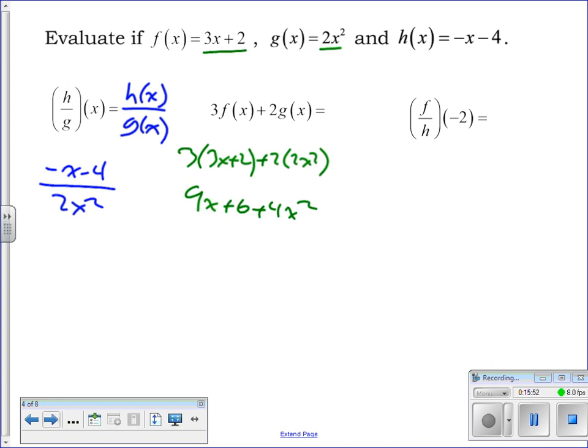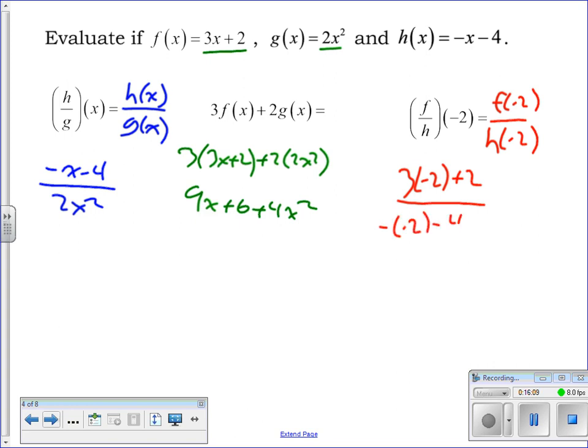Okay. F of h of negative 2 is f of negative 2 over h of negative 2. F is 3x plus 2, so that's 3 times negative 2 plus 2. H is negative x minus 4, so I have negative 2 minus 4. 3 times negative 2 is negative 6 plus 2.